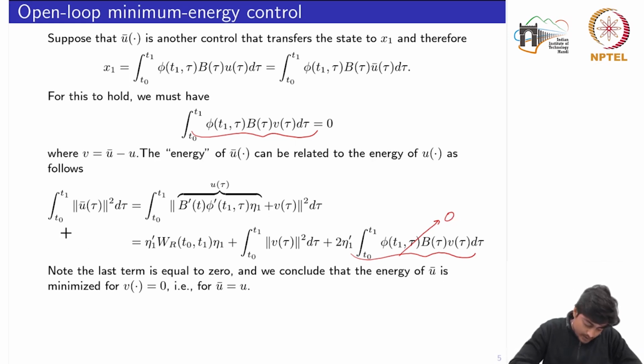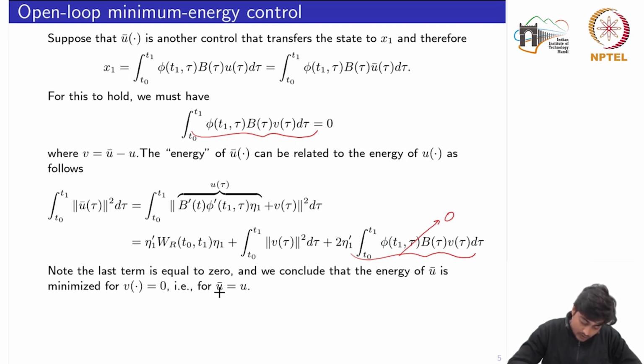and the remaining part is the energy in the control signal u bar would be minimum if and only if this v itself is 0, because using the property of the norm, it would be either 0 or positive. So v needs to be 0 to have the minimum energy of the u bar signal.